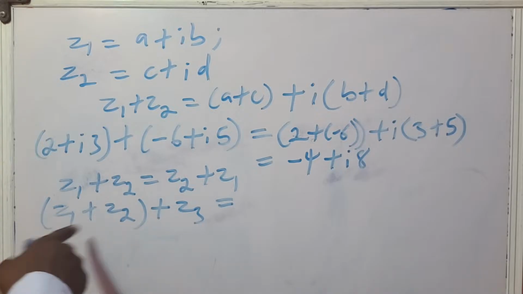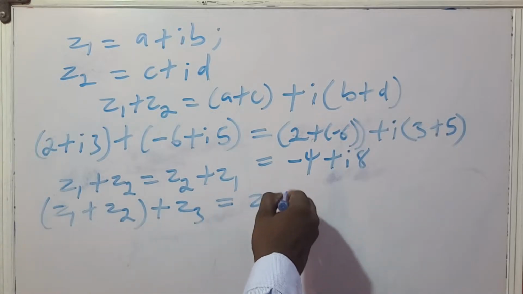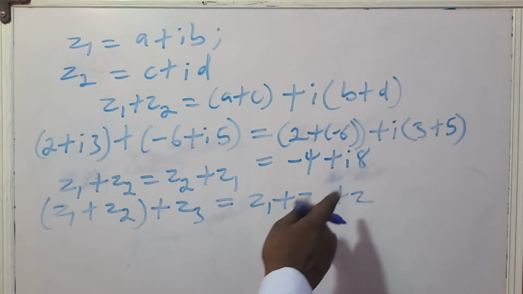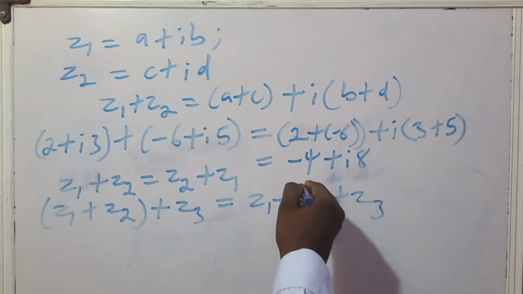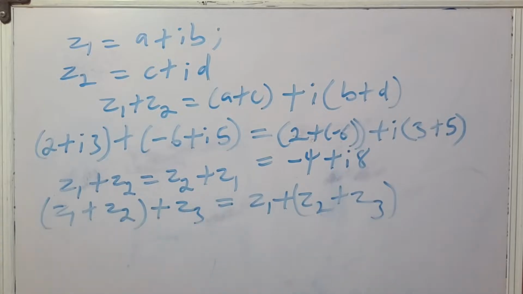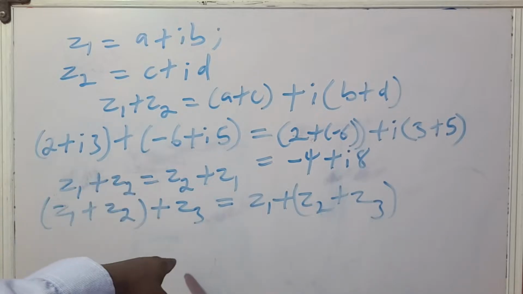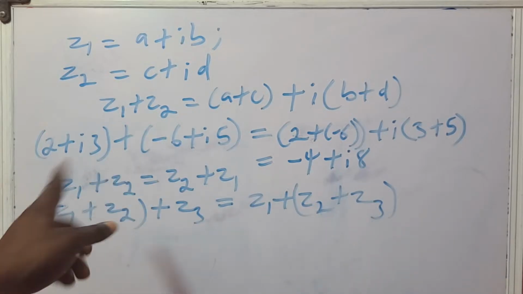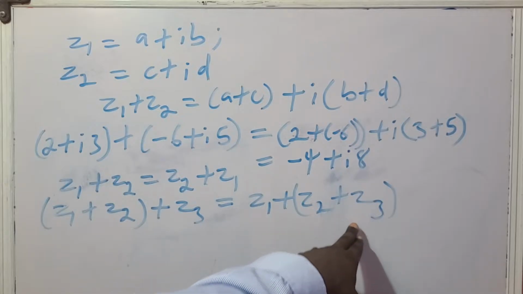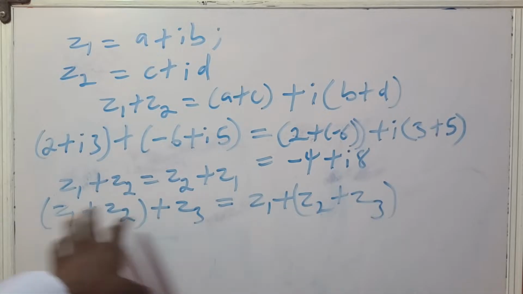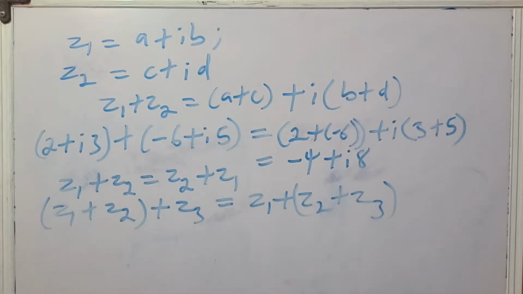That means if you had three complex numbers following this format, if you added the first two, Z1 and Z2, and then added the third one, it will still give you the same answer as if you added the second and the third, and then added that with the first. So complex number additions are associative.